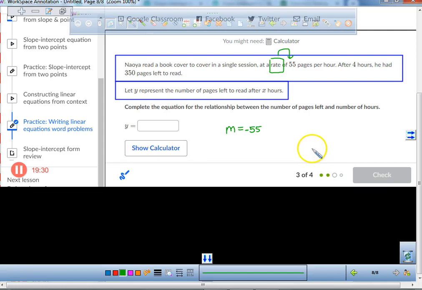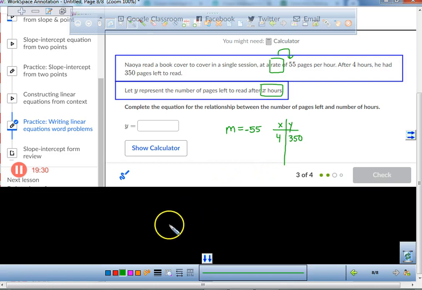So here's what I need you to do. I need you to make a little table here. Make an X and a Y table. It says after 4 hours, see how X represents hours? So after 4 hours, how many pages did he have left to read? 350.